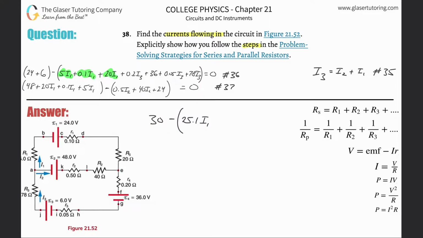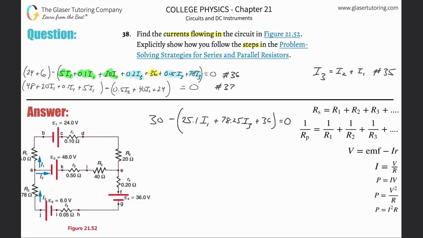Now let's look at the next like terms: 0.2i3, 0.05i3, and 78i3. Combined, that's 78.25 i3. And then there's another term that isn't combined with anything, just 36, plus 36, and that's all equal to 0.